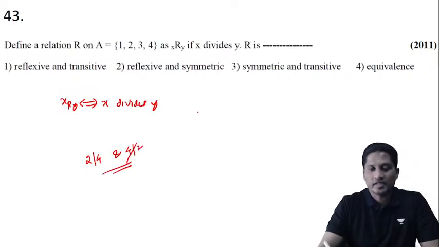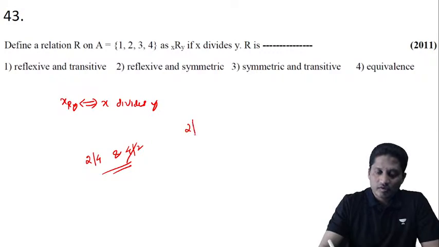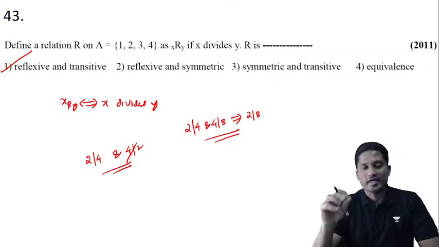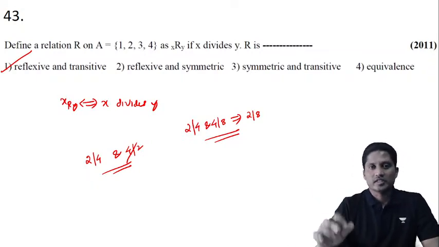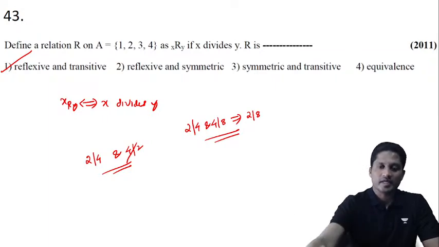Obviously it is non-symmetric, but it is transitive. 2 divides 4 and 4 divides 8 implies that 2 divides 8. So it is reflexive and transitive, but not symmetric. Divides means A divides B when B is a multiple of A. Alright, so x divides y is reflexive and transitive, but it cannot be symmetric.